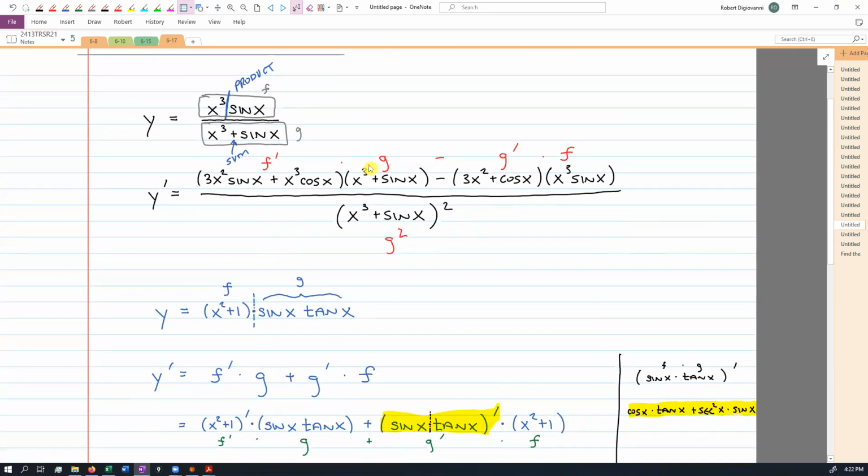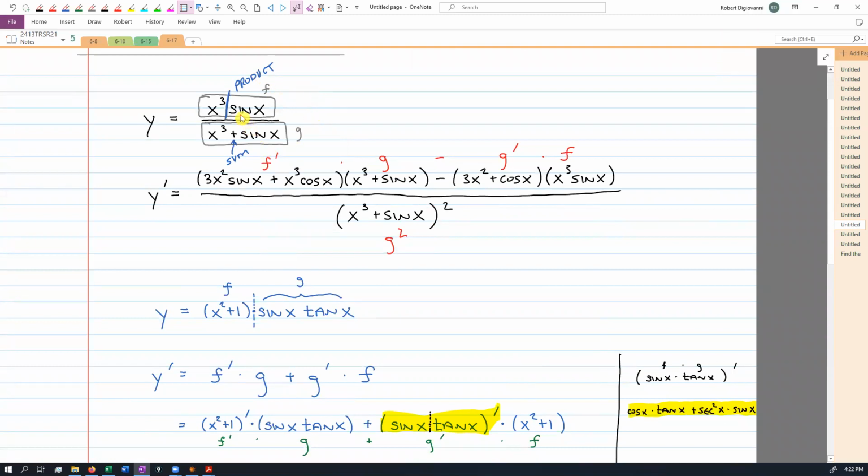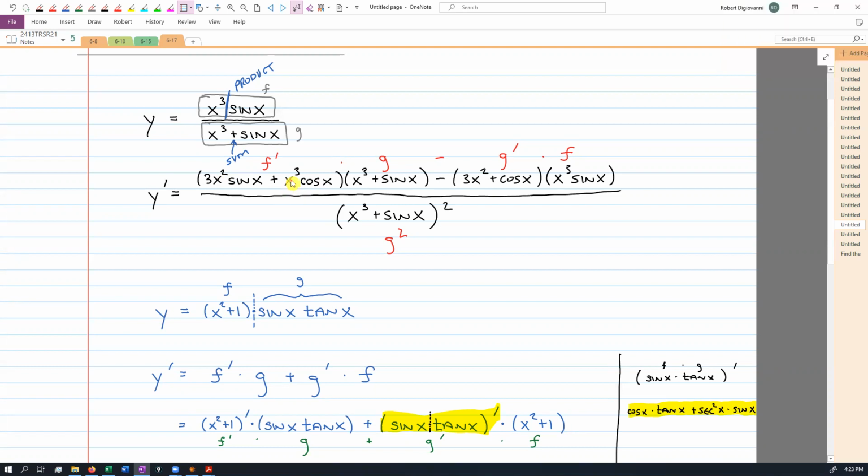So you took the derivative of this and you got this right here. No, I got 3x squared sine x plus 3x squared cosine x. Oh, okay. So you took the derivative of the x cubed twice.